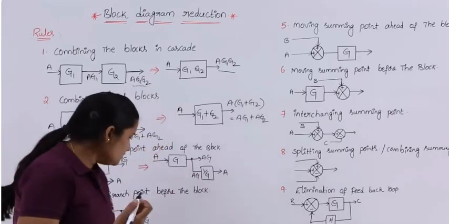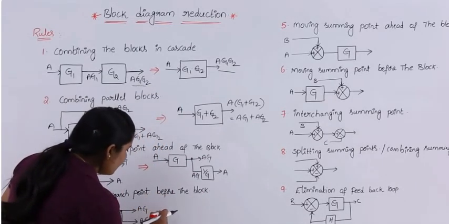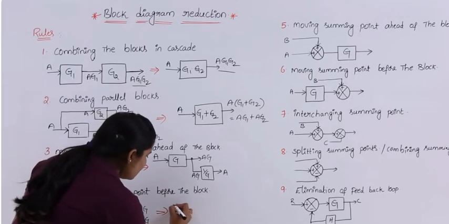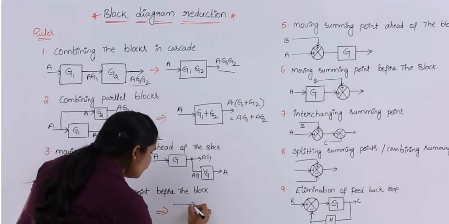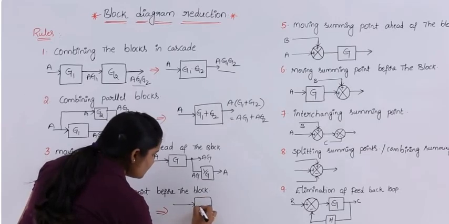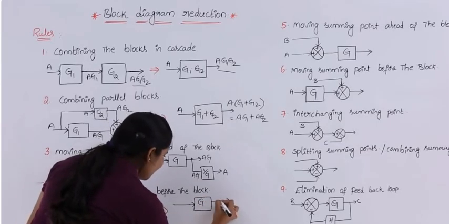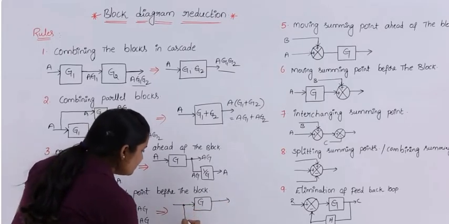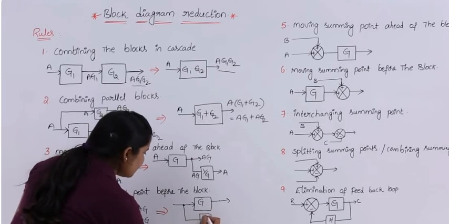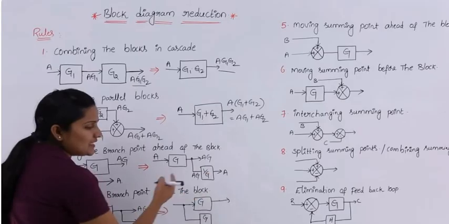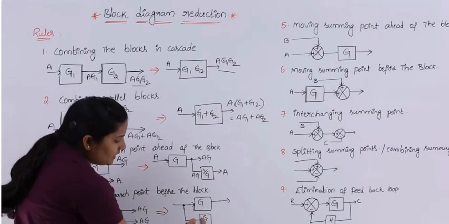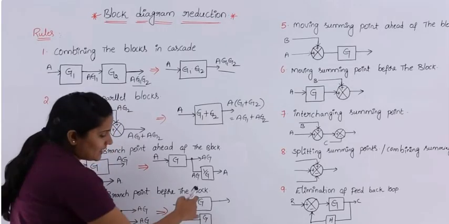So you can see here, for example, if you want to move this branch point to before the block, then here I am taking this block G and here I actually have the branch point, but I want to move this branch point to here. So I need to multiply this path gain. Here I need to multiply the reverse path gain, inverse of path gain. So here I need to multiply the actual path gain here.